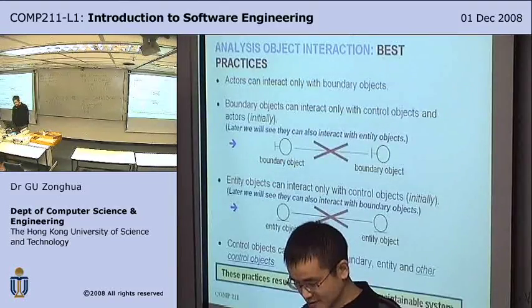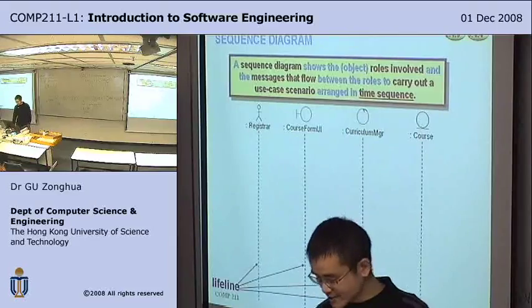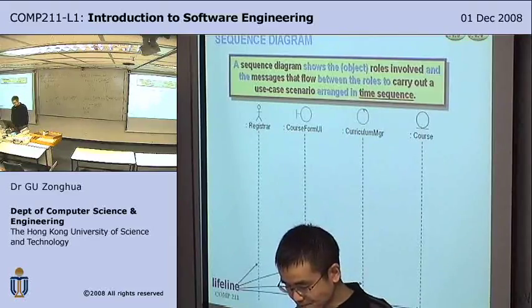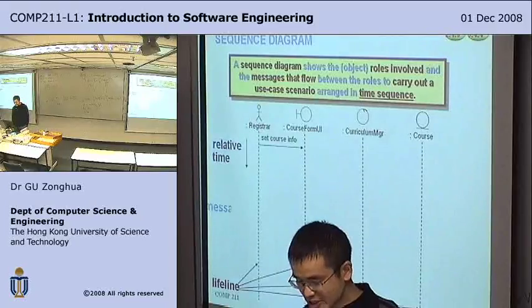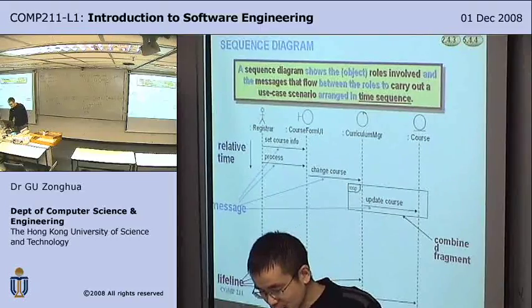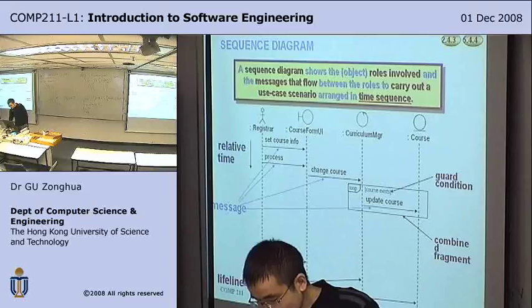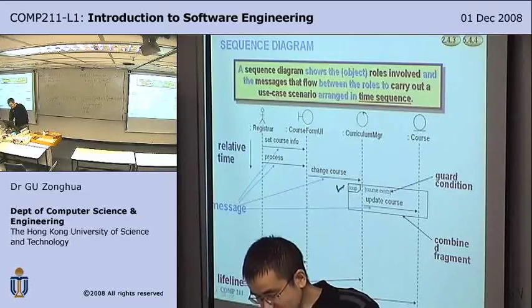That's enough. So sequence diagrams, you have the lifelines, relative time and messages, and combined fragment. This is where you can express loops and other conditional behavior.